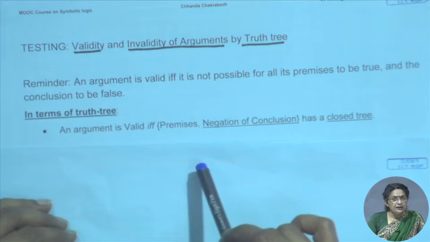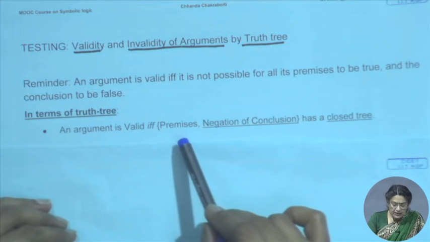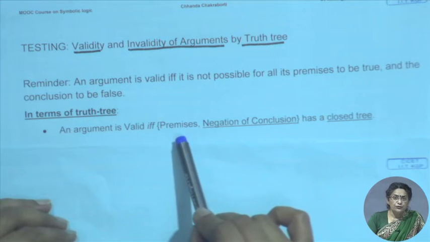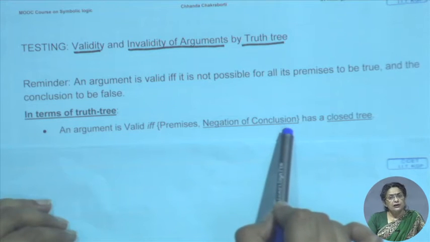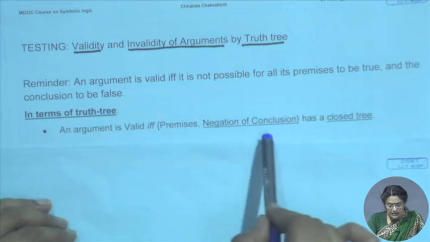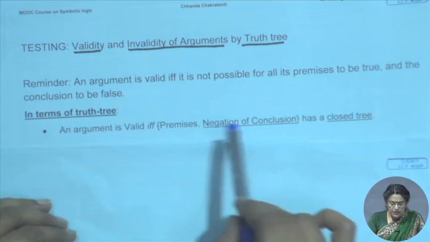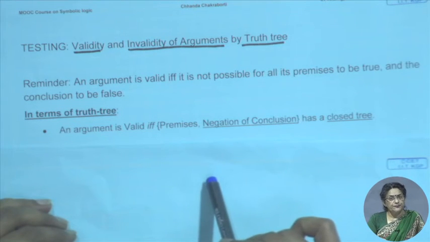What does that mean? What we are trying to see is whether, when the premises are all true, the conclusion can be false or not. So, whether it is consistent to claim that premises are true, conclusion is false.